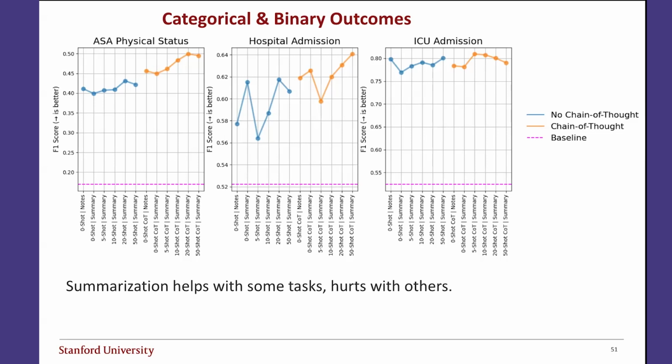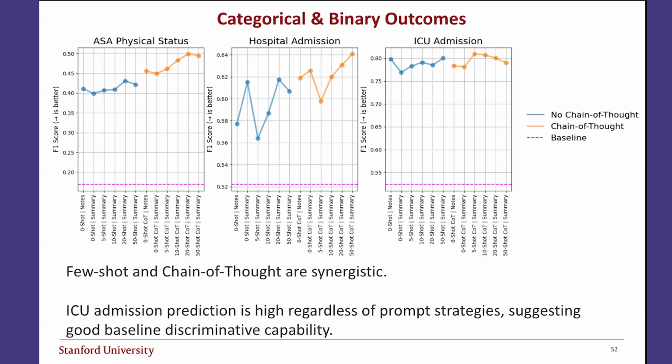We're measuring the outcome here as a F1 score, which is very commonly used for classification tasks. So you can see here that as we use few shot prompting, the performance tends to get better. And as we do chain of thought, the performance gets even better. So these are synergistic. One interesting thing is that at first glance, it looks like the ICU admission prediction didn't really benefit from chain of thought or few shot.